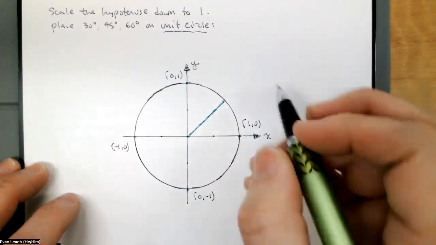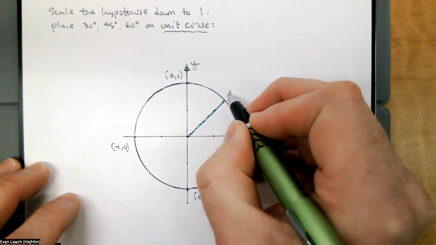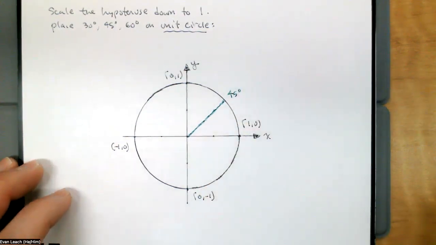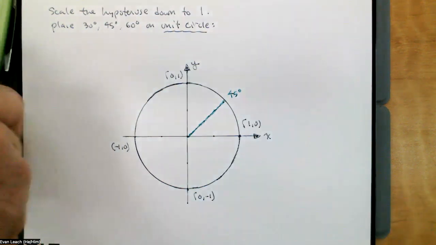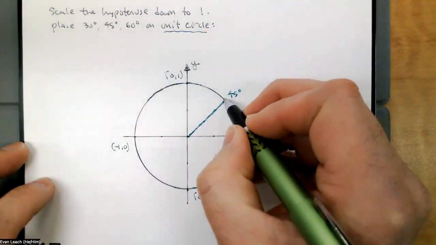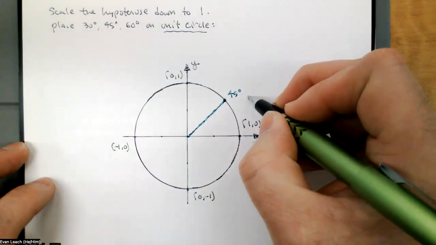So here's a 45 degree angle. This is on a unit circle, and I want you to figure out what the coordinates are of this point at 45 degrees.